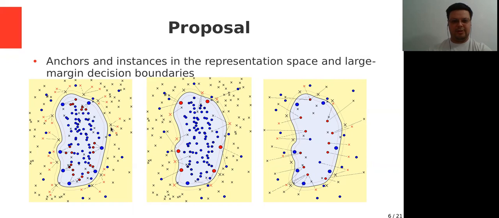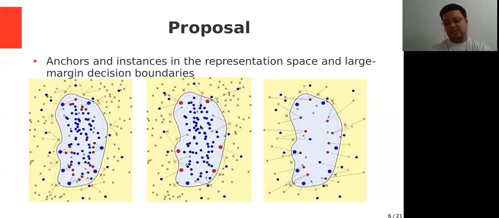The same occurs to the other class. So we are trying to move this support vector in this direction, and this one in this direction. So we are moving them in the right direction, and the other class works the same. We only use as anchors for the support vectors a number we can determine. In this case, we are using 3 anchors. These anchors are correctly classified instances from the same class as the support vector.